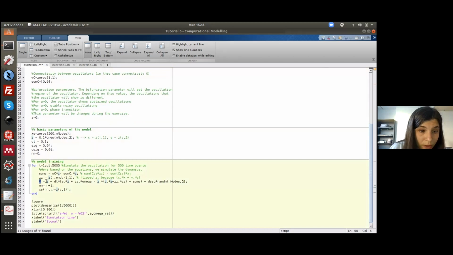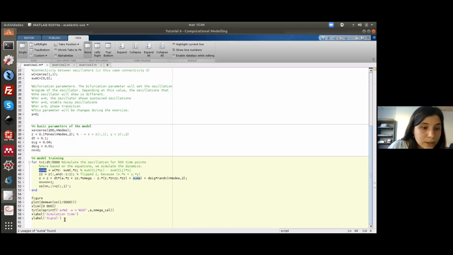In this case, we have the local bifurcation parameter, so the A, that we have set to 0, we have the omega, and we have the different terms of the equation. And this one, the sum, will be the term that includes the connectivity part of the network. In this case, we don't have anything.